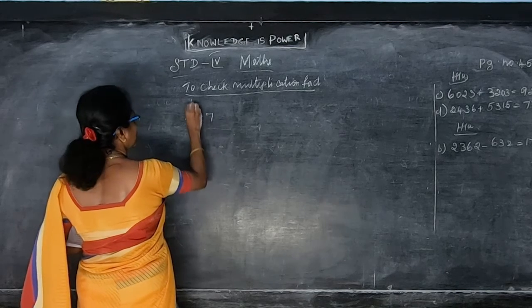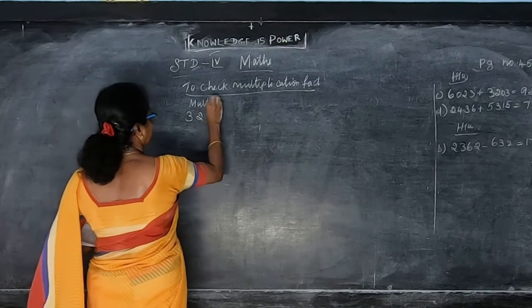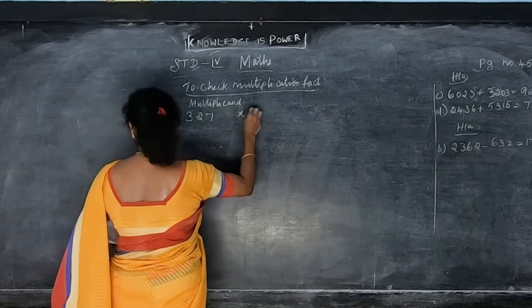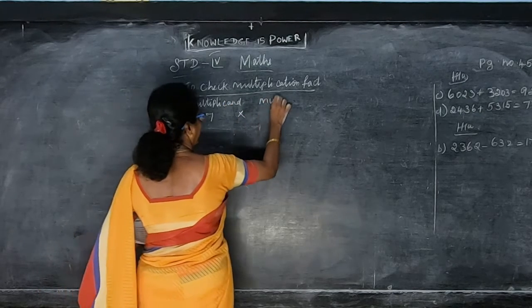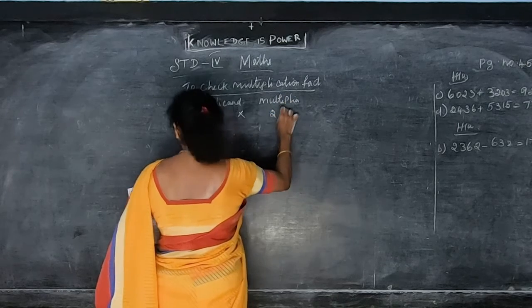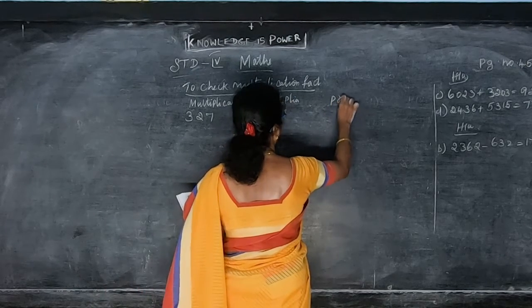327. This is the multiplicand. The number we are multiplying is the multiplicand. This is the multiplier. By which number are we multiplying? That number is 27 and this is the product.